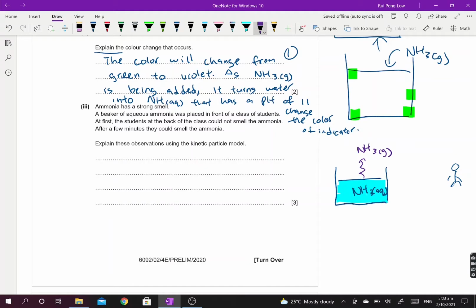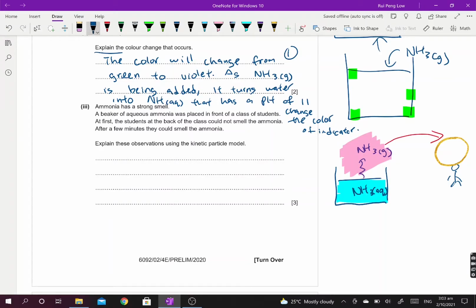Alright, and what's gonna happen is that now you will have a region of high concentration of ammonia gas, and then this region here is region of low concentration, and you learn that gas will travel from high concentration to low concentration.